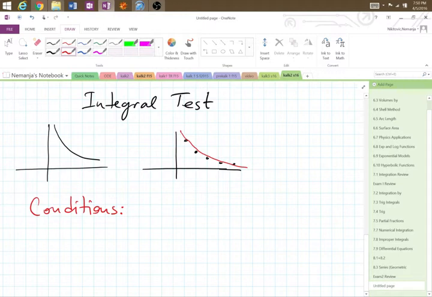You actually have to prove these three conditions. Number one, the function needs to be continuous. Number two, it needs to be positive. And number three, it needs to be decreasing.